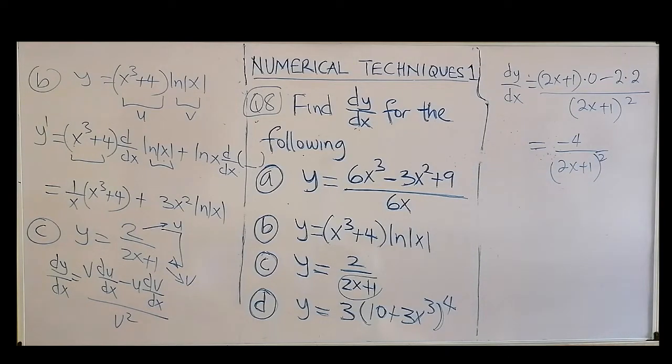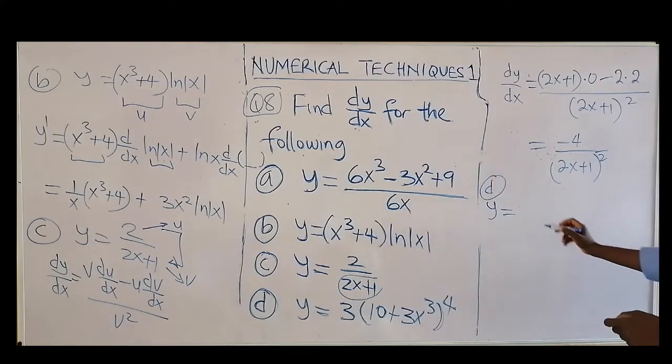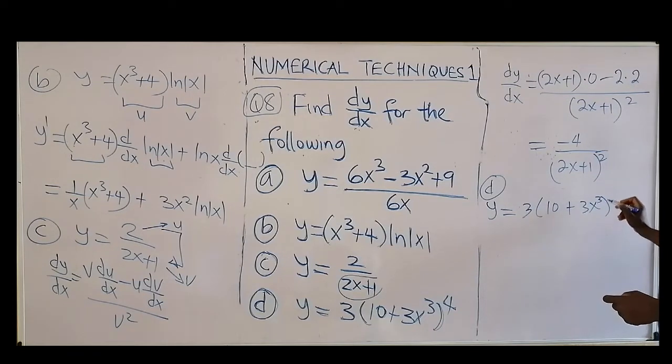Then the final one, the D part, which is 3 into bracket 10 plus 3x cubed, all to the power 4.